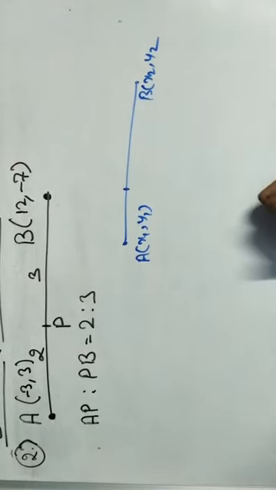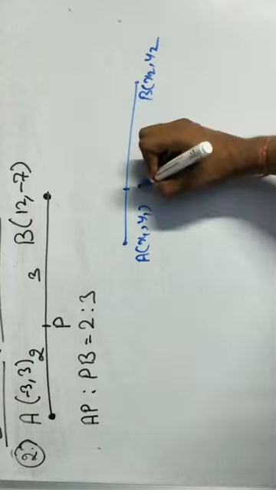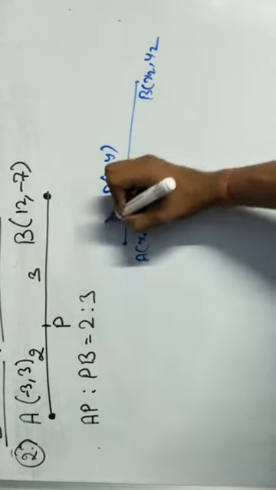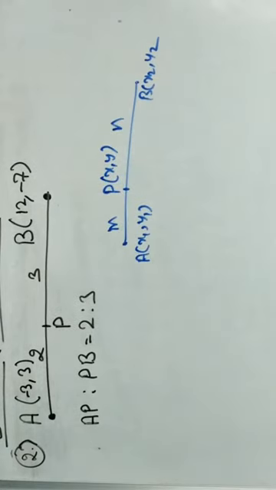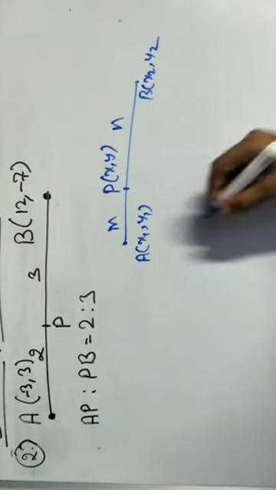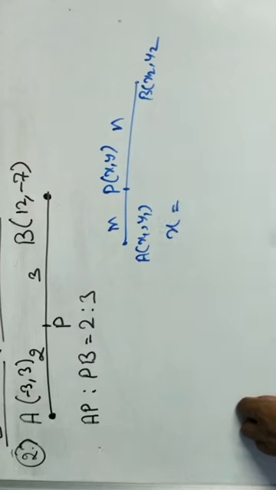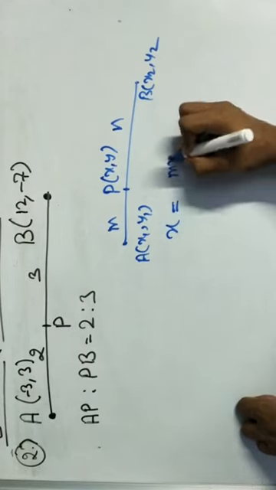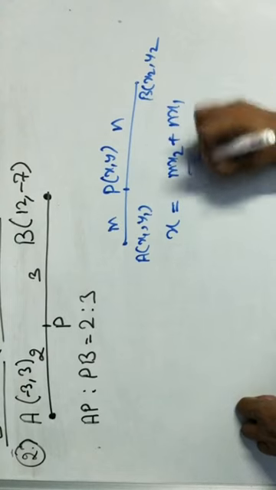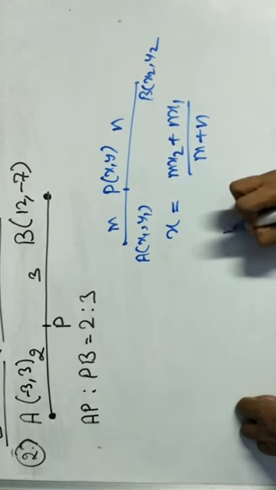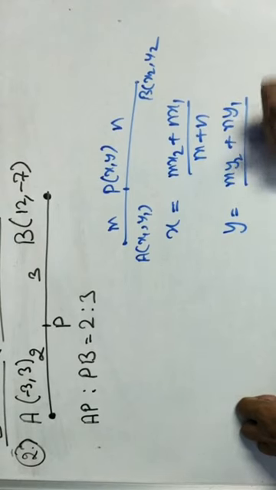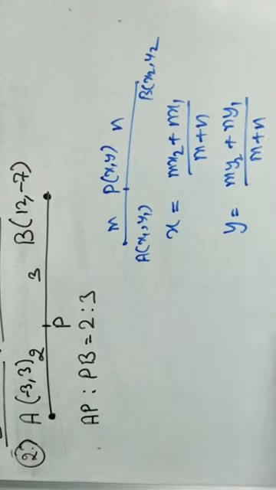The line joining A and B is divided by a point with coordinates, suppose (x, y), in the ratio m is to n. So the x coordinate of point P will be (m x2 plus n x1) by (m plus n), and y will be (m y2 plus n y1) by (m plus n). So this formula we will use to solve this question.